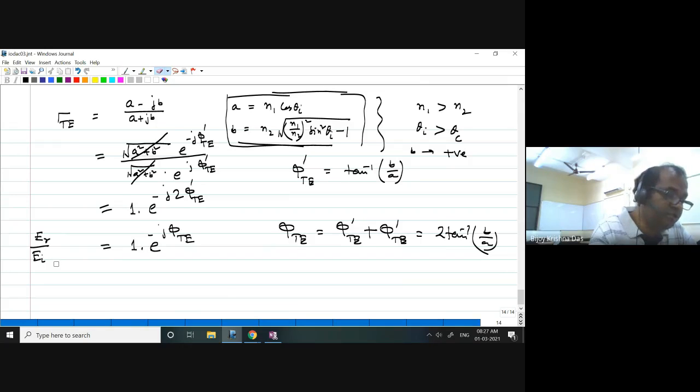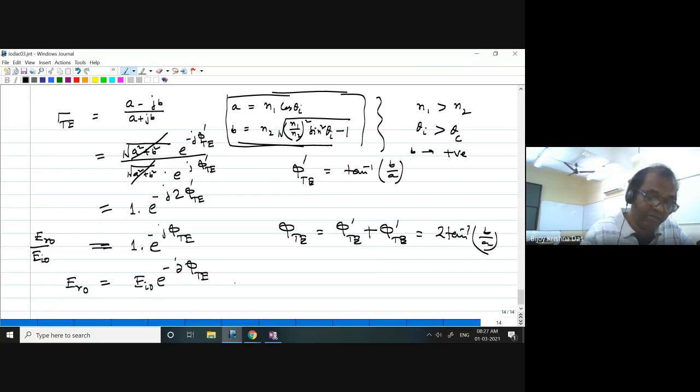If this magnitude is there, I can write ER0 over EI0, where ER0 is the amplitude of the reflected wave and EI0 is the amplitude of the incident wave. So what does it mean? ER0 equal to EI0 e to the power minus j phi TE.